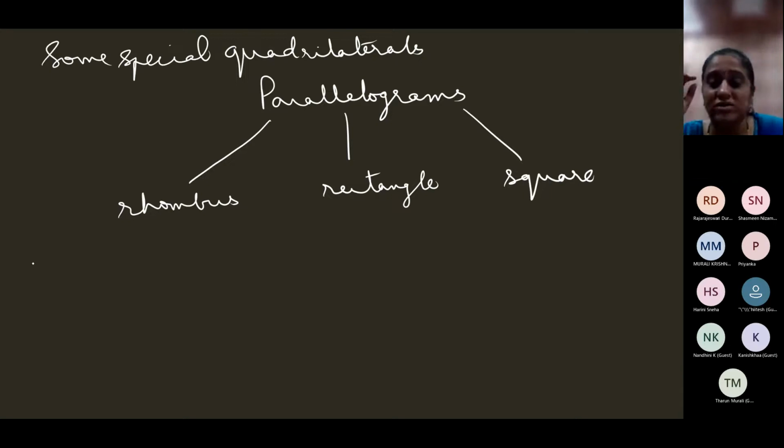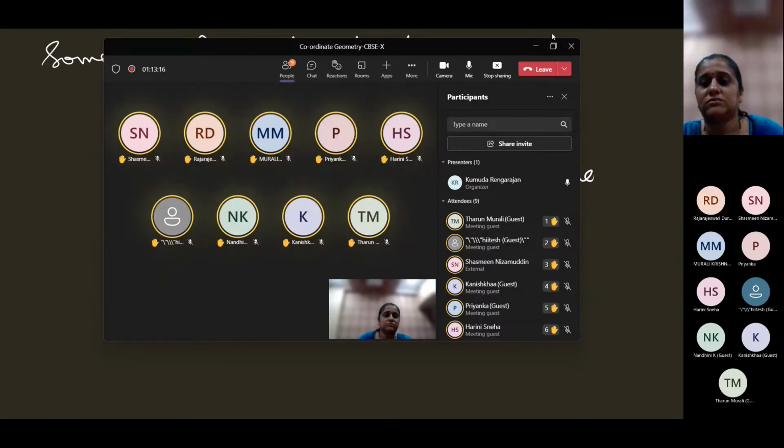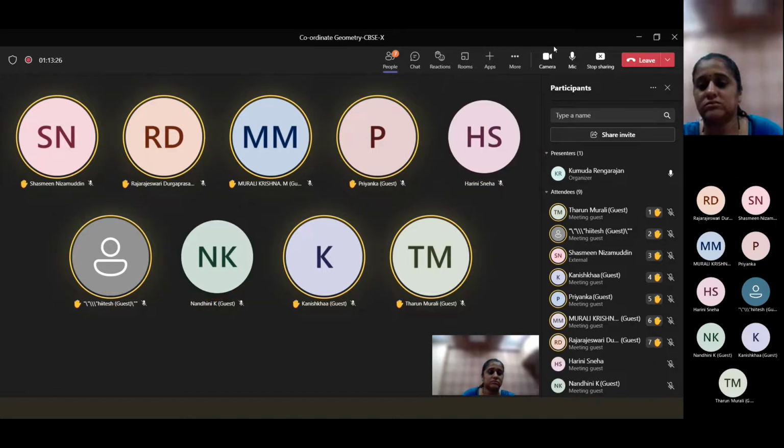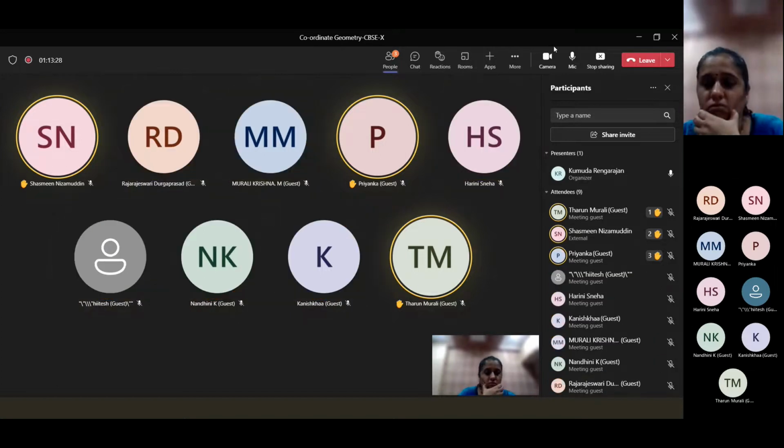A quadrilateral. What is a quadrilateral? Class, lower your hands. Are you there, Tarun, Murali, Tashmin and Priyanka?